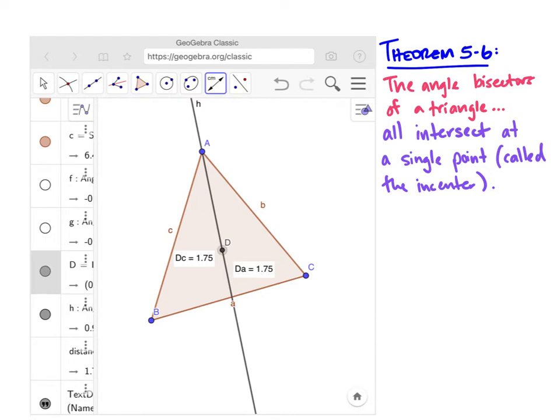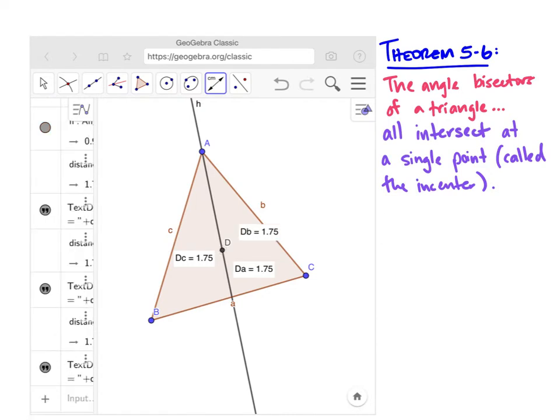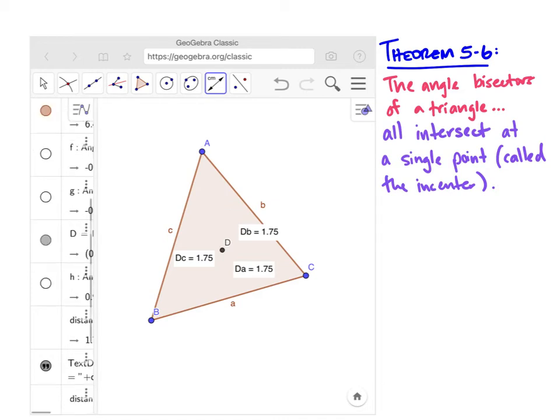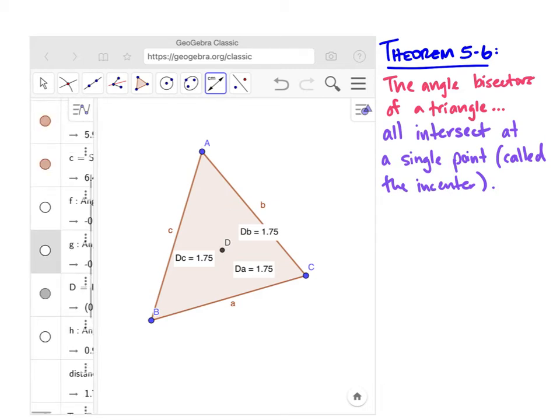I'm going to measure the distance from point D over here to segment B, and I can see that it is also 1.75. And if I were to put on the bisector, let's see, which one haven't I put on? I haven't put on the bisector for C yet, but D is on that bisector. So as we would expect, D is the same distance away from segment A, 1.75, as it is from B, 1.75.